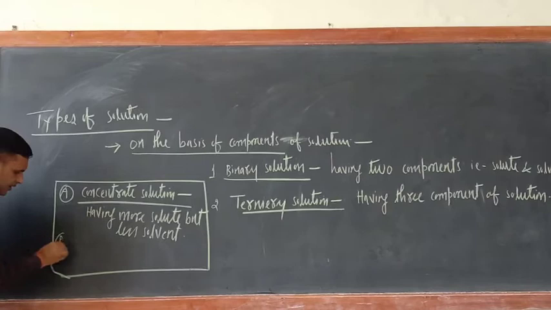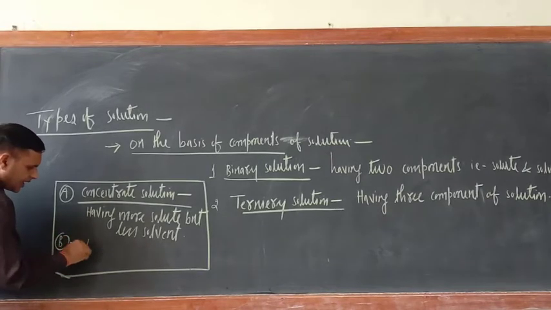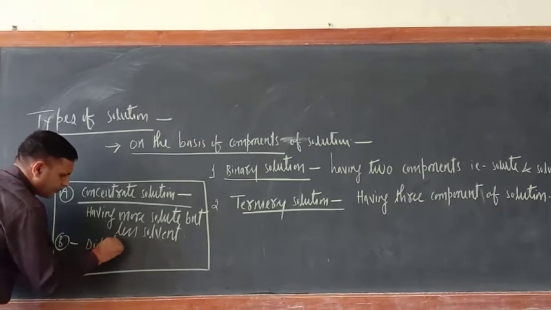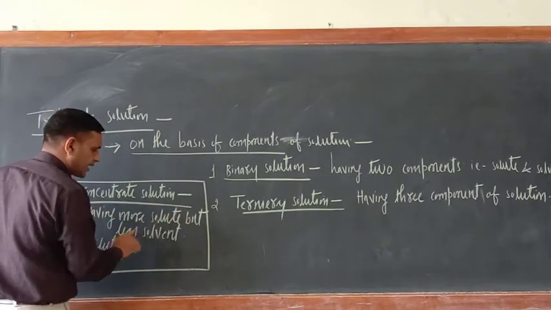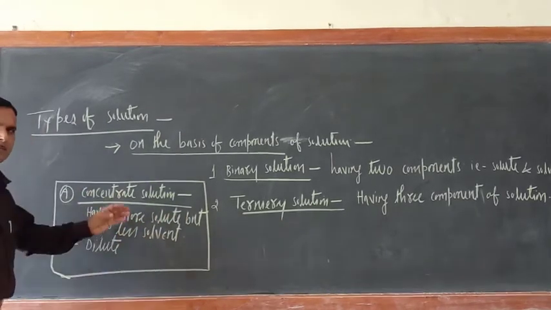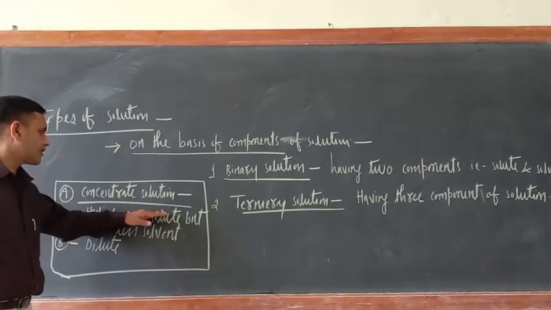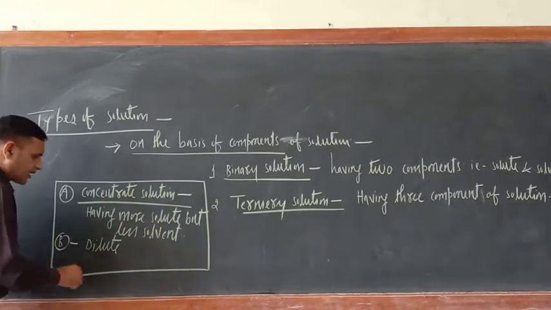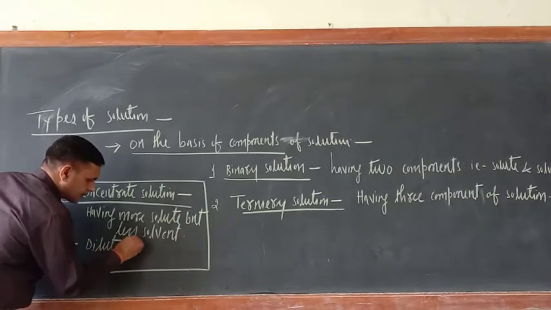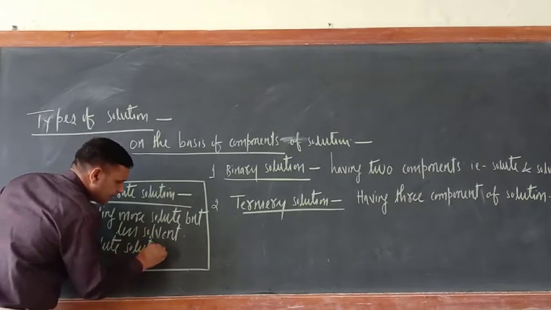What is the next one? Number B is dilute solution. Here in concentrate, having more solute but less solvent means as compared to solvent, solute is more. So the solution is said to be concentrate solution. Another one is the dilute solution. What do you mean by dilute solution?